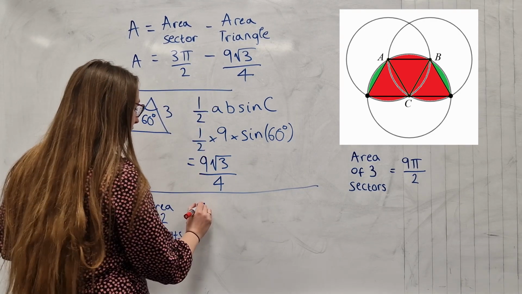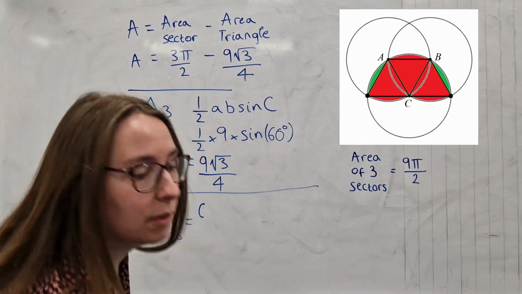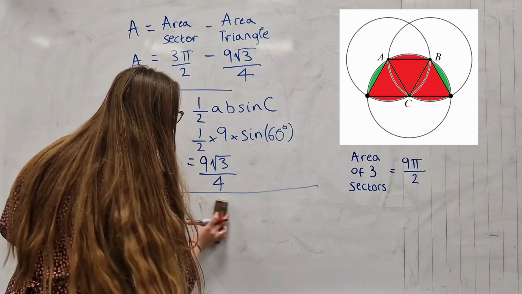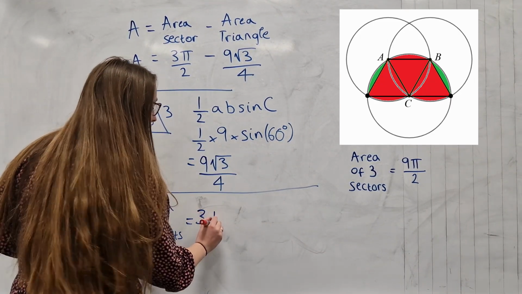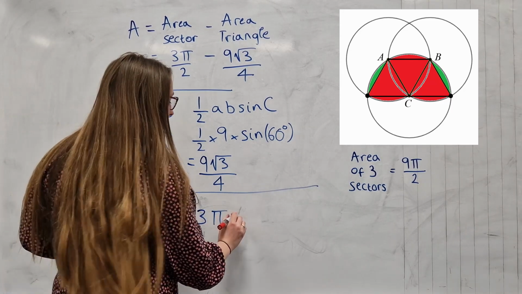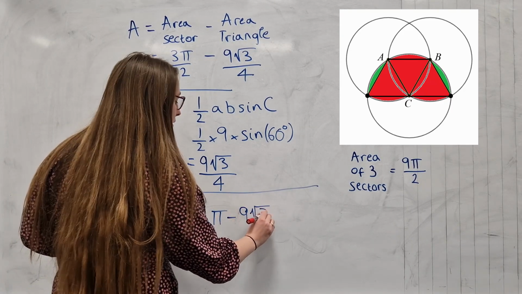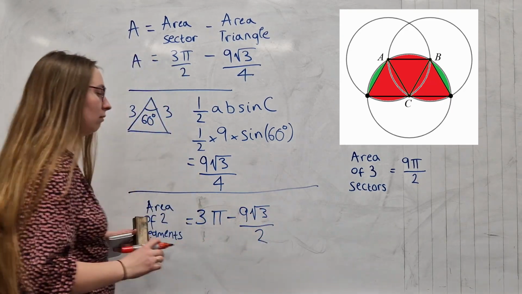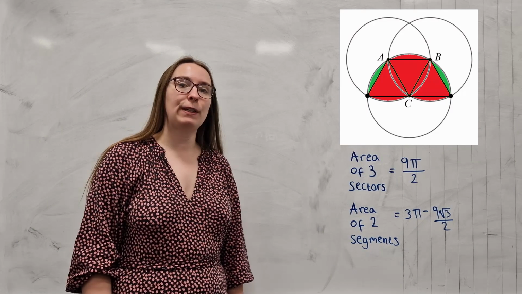I can just cancel the 2's out, so it's just going to be 3 pi minus 9 root 3 over 2. Okay, now we're in a position to finish the question.